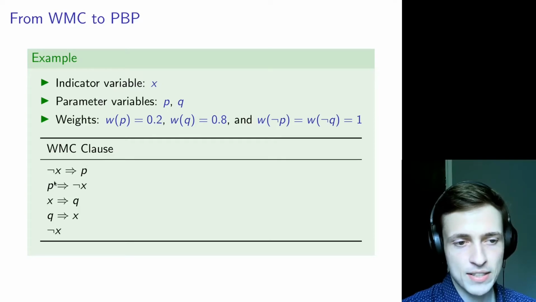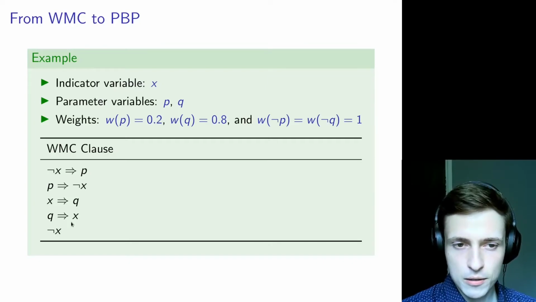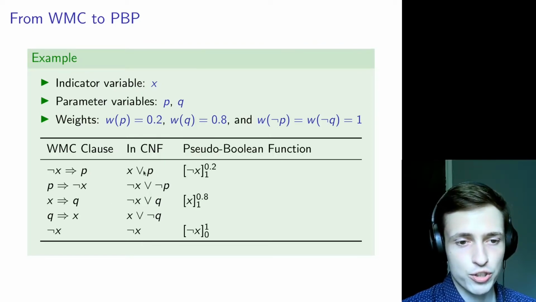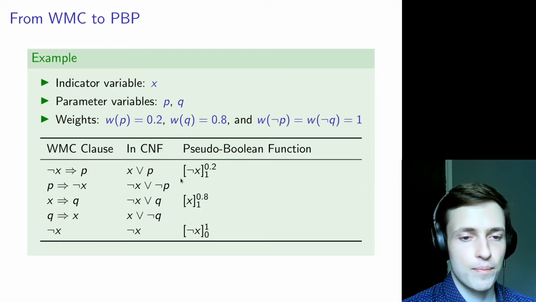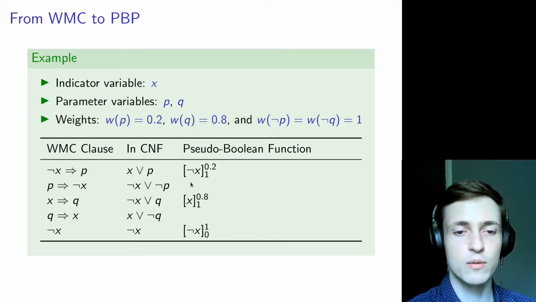And we can still see the same kind of redundancy, where not x is defined to be equivalent to p, and x is equivalent to q. And this is the same formula in CNF. And as we transform these clauses into functions, parameter variables disappear, and so to represent one binary variable, we only need one variable.